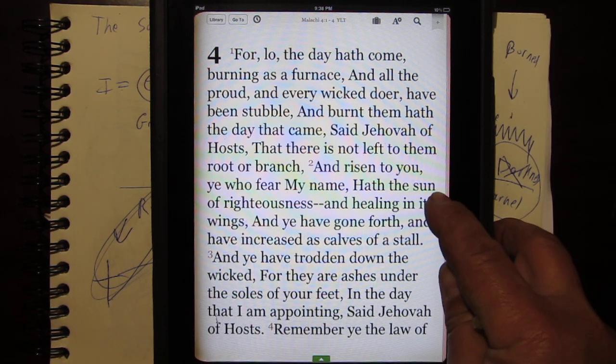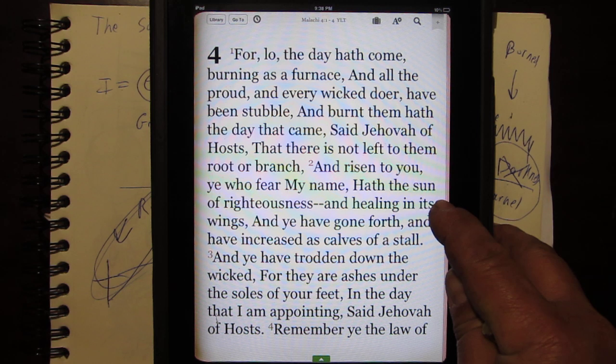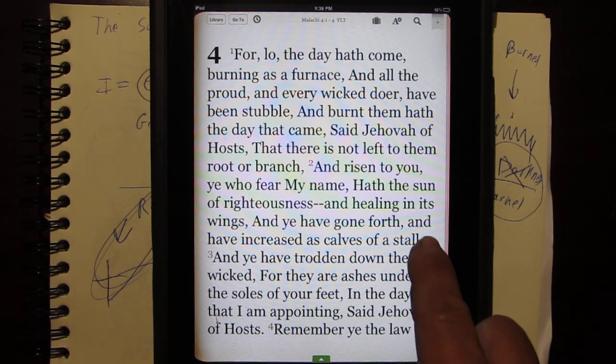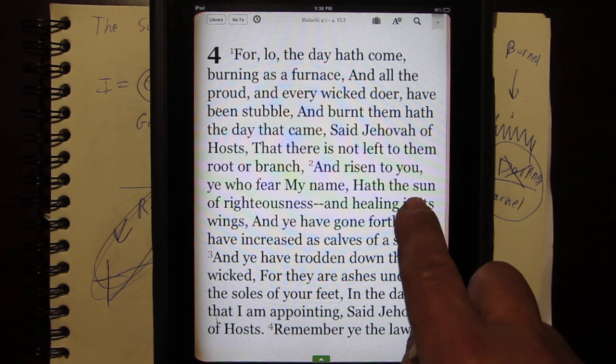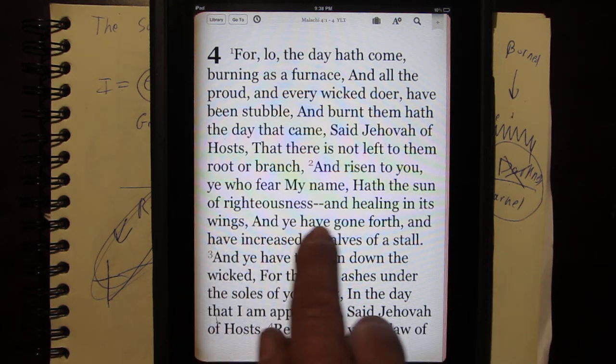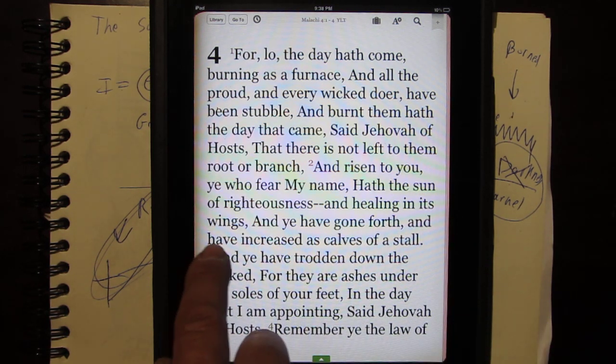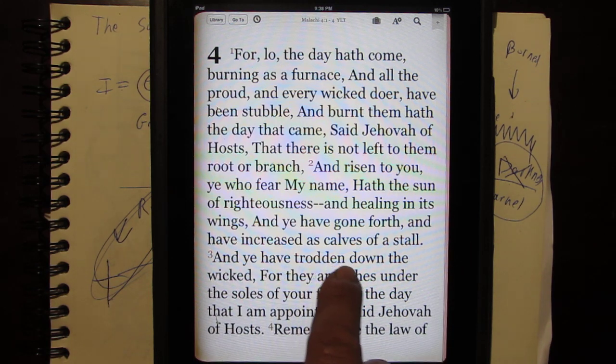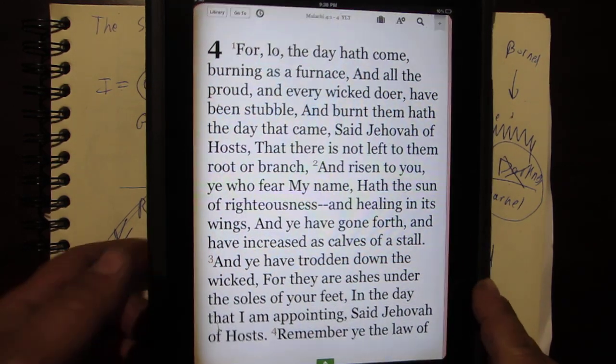Now the Mandela Bible Change believers think that it's S-O-N. They think the Bible is supernaturally changed. However, we can look at S-U-N and realize that's also S-O-N, of righteousness, and healing in its wings. And ye have gone forth and have increased as calves of a stall.